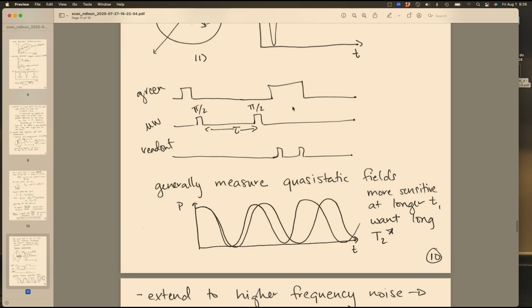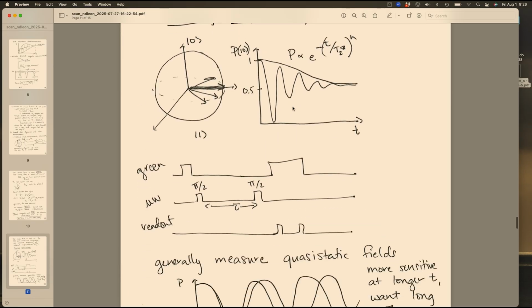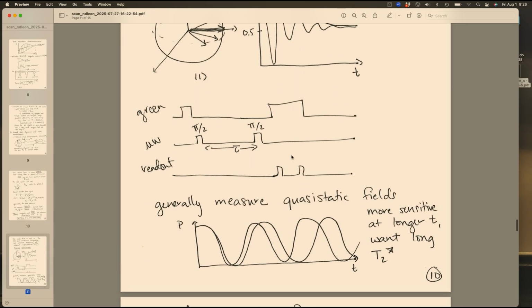And now, how do I do this really well? You can think of this problem as I start the clock with my population and then wait some time. And then if the field is a little bit different, then the population will evolve with a slightly different Rabi frequency, right?